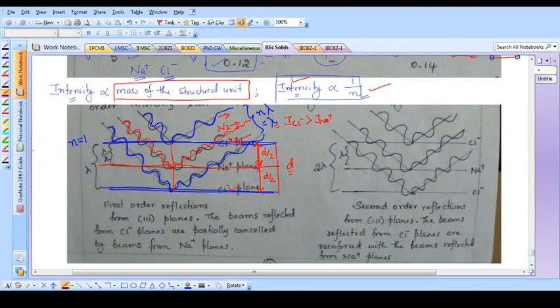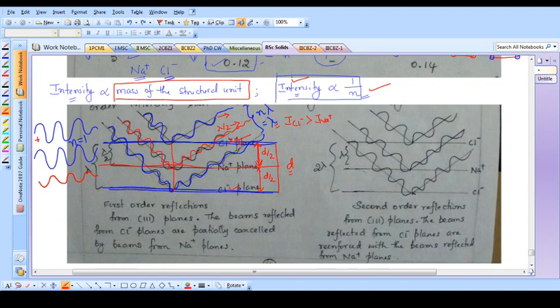So let me draw a diagram here. This is the X-rays reflected from the first chloride plane. This is the X-rays reflected from the second chloride plane, which are in phase and undergo constructive interference. But the X-rays reflected from the sodium plane are out of phase and their intensity, that is amplitude, is slightly less than the chloride.